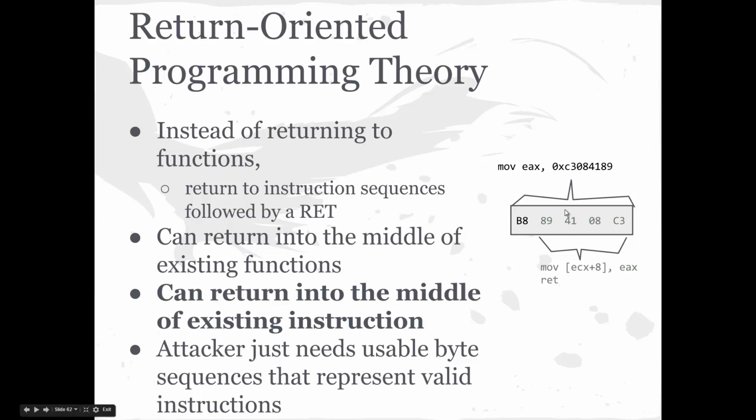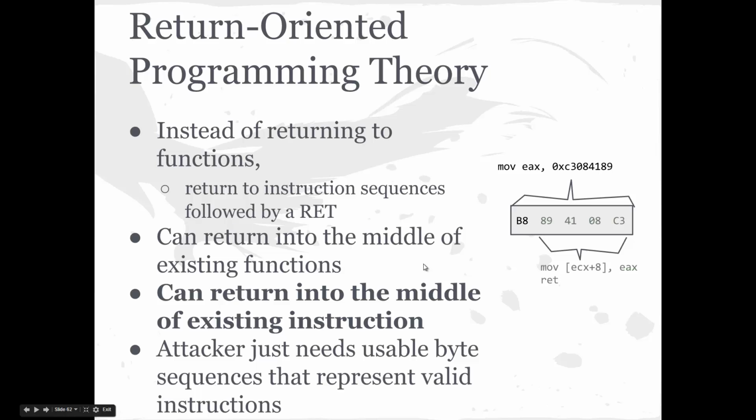For instance, if the middle here was B8, that would be move EAX and then some integer 4-byte combination. So if 41 here was B8, it would go on for the next 4 bytes into the next instruction, decoding instructions as a single move and putting all that value into EAX.